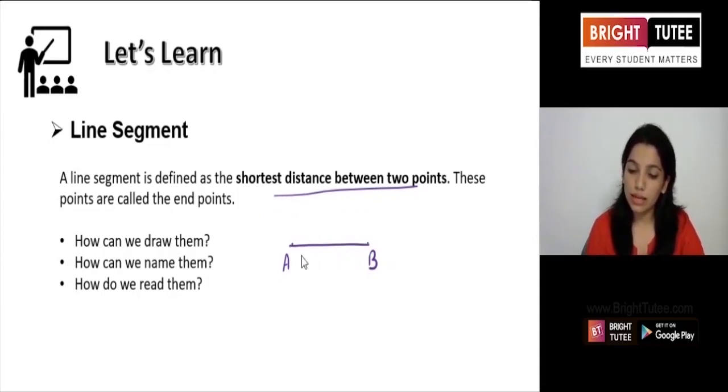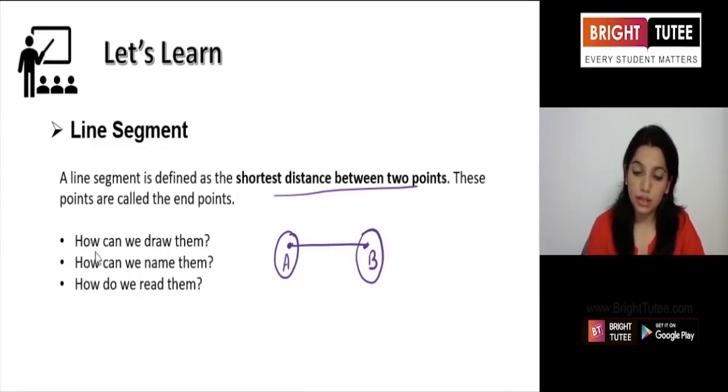So a straight line between these 2 points, let me just make these points a bit bigger. Okay, so these 2 points A and B and the shortest distance between them, this is known as a line segment. These points are called the end points. This point A and point B, these are called the end points.